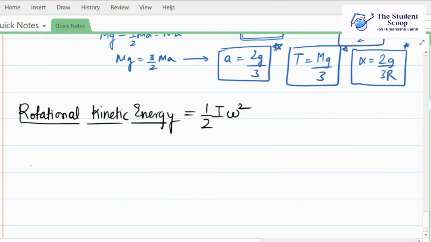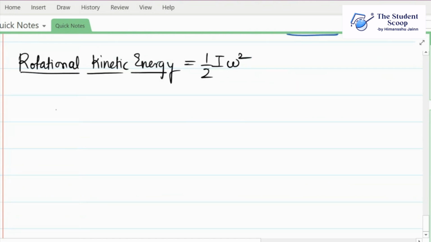So what is the application of this? See this. Imagine a sphere of radius r is at rest at this position at height, let's say h.